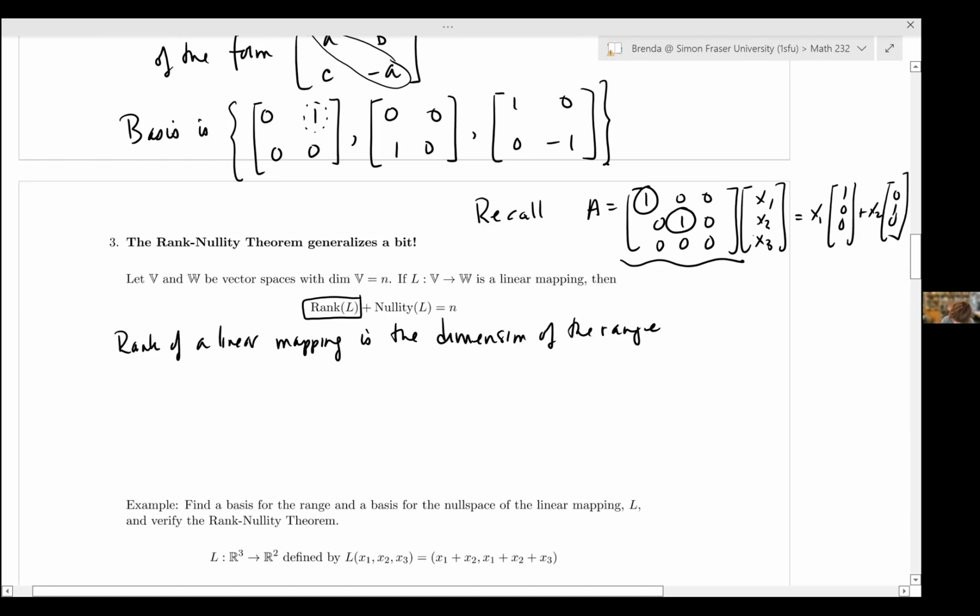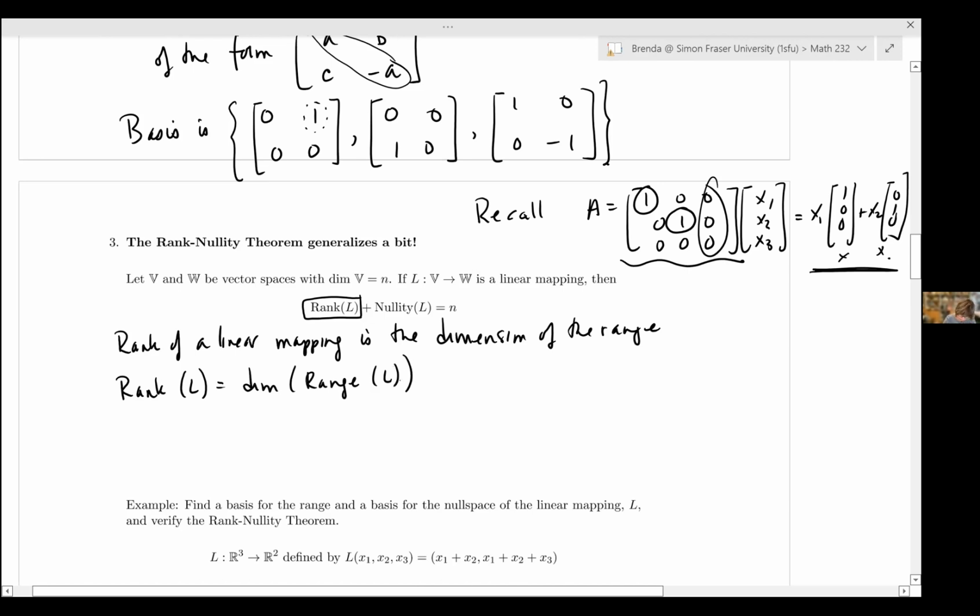I don't get anything from this column. It's all zeros. So I see here that I have 2 independent vectors, and all the vectors that look like this are the range. The range is of dimension 2. It's a rank 2 matrix. So the rank of a linear mapping is the dimension of the range. Rank of L is the dimension of the range of L.